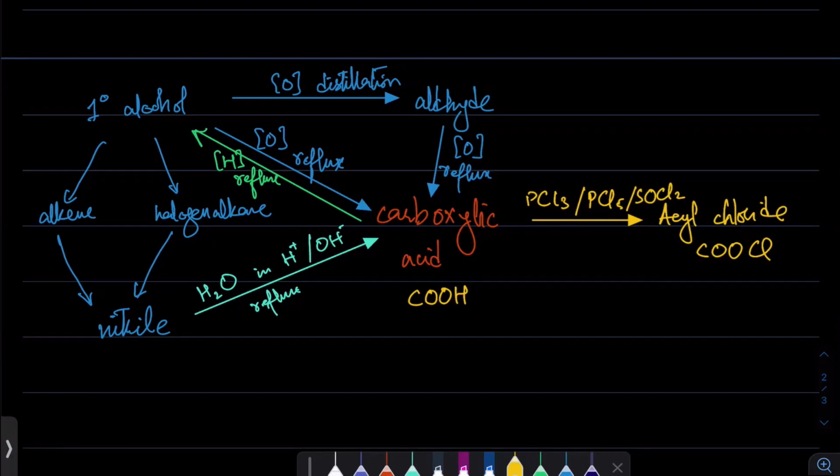So to reverse it we just need to add water और वो reverse हो जाएगा, ठीक है? So if you add water to it, obviously again pure water नहीं use करते, acidified use करते हैं and you will get carboxylic acid back.